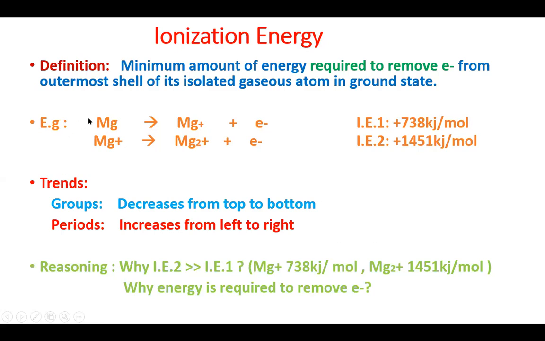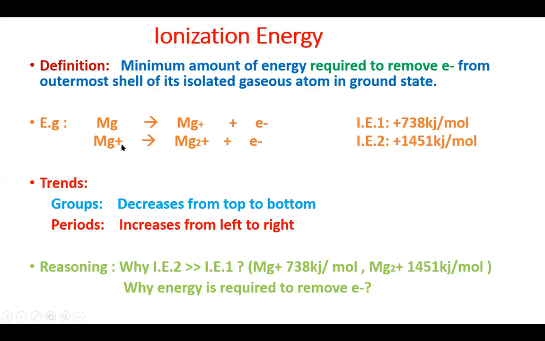We will explain it: the first electron was removed from the neutral magnesium atom. Hold of nucleus on the electron was less, due to which 738 kilojoule per mole energy was required. But once the first electron is removed, it has become a magnesium cation.